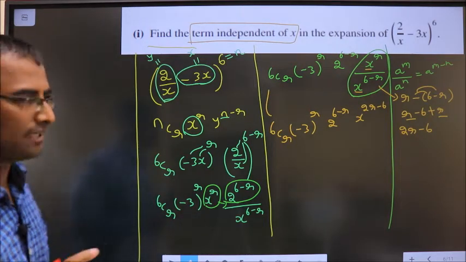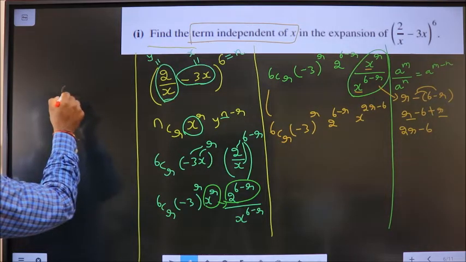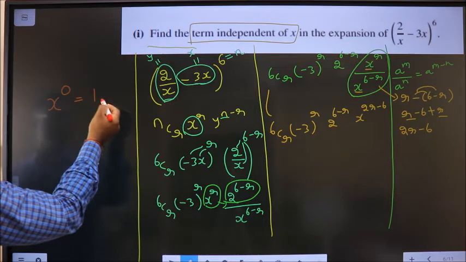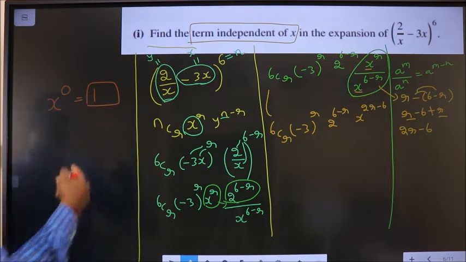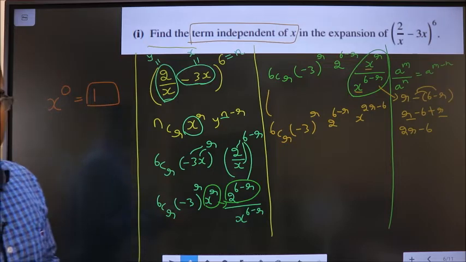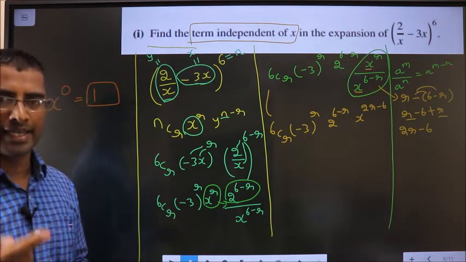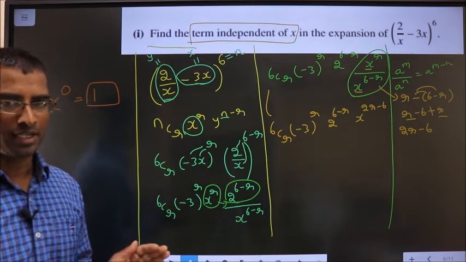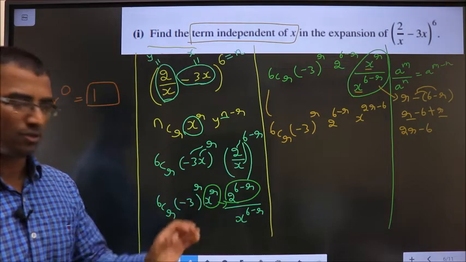Only one way. If the power of x is 0, then it will result in 1. Here no x present. So independent of x means x should not be present. That could only happen if power on x is 0. Clear?